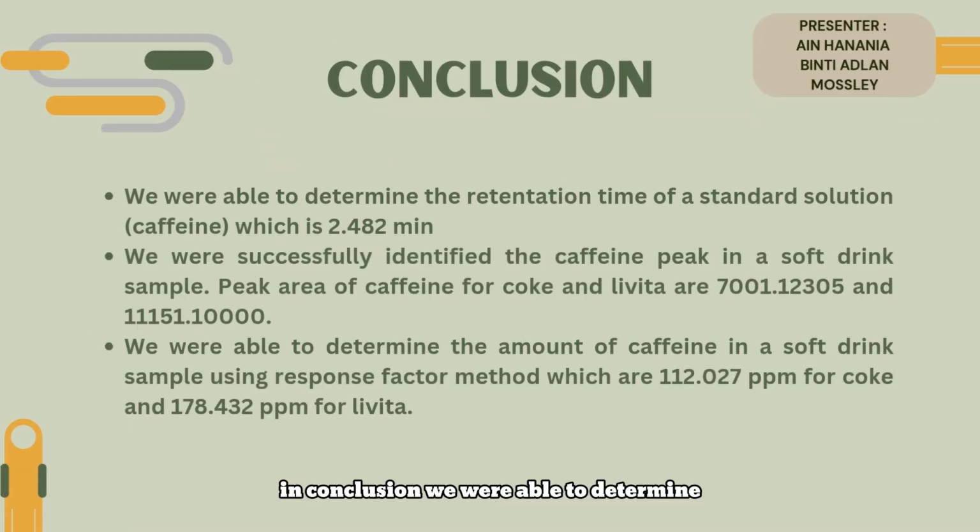In conclusion, we were able to determine the retention time of a standard solution of caffeine, which is 2.482 minutes. Besides that, we successfully identified the caffeine peak in a soft drink sample. The peak area of caffeine for Coke is 7001.12305, while the peak area of caffeine for Levita is 11151.10000.